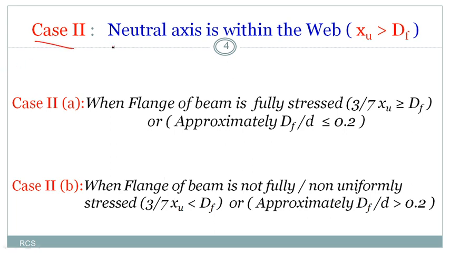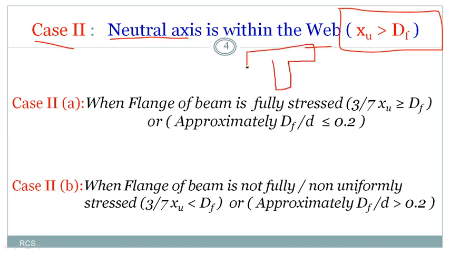What is case number 2? The neutral axis is within the web. So it has to satisfy this condition. When the neutral axis is said to be in the web, our XU must be greater than DF. So what is XU and what is DF? Say this portion is DF, and here this is XU.